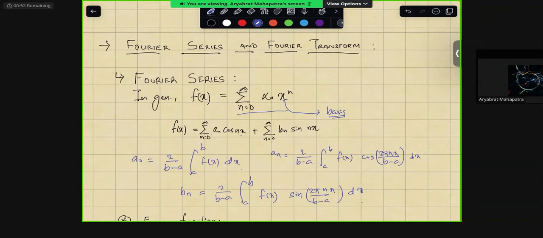Precisely, the Fourier series is the case where a function f of x is expanded in an orthonormal basis, where cosines and sines form an orthonormal basis.